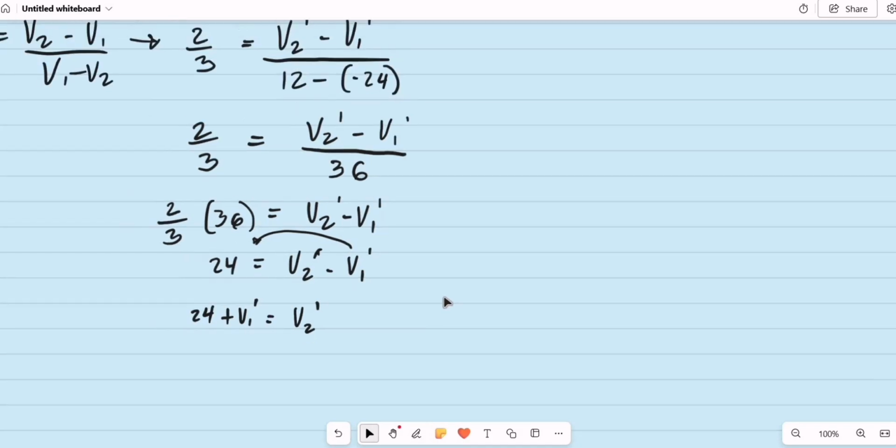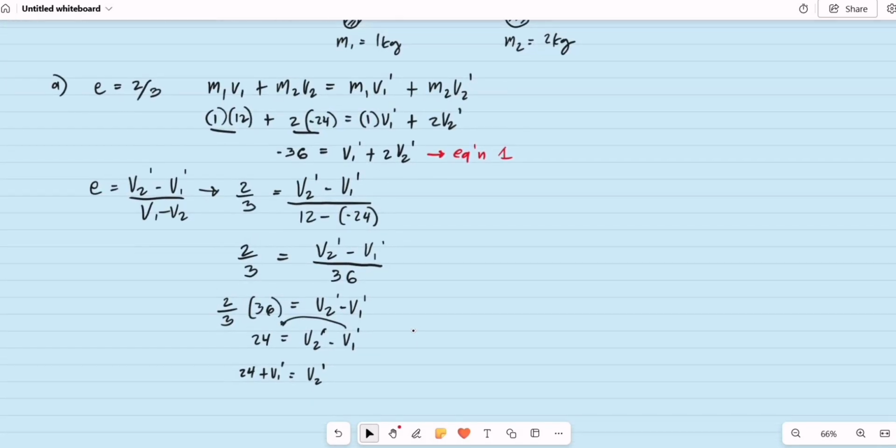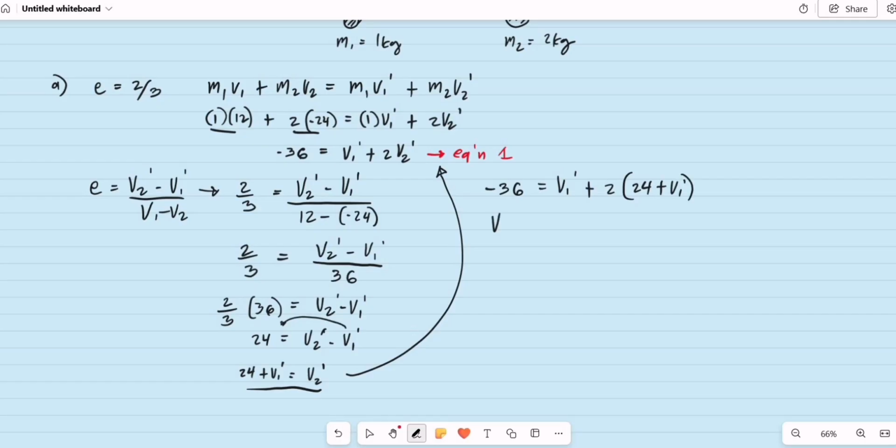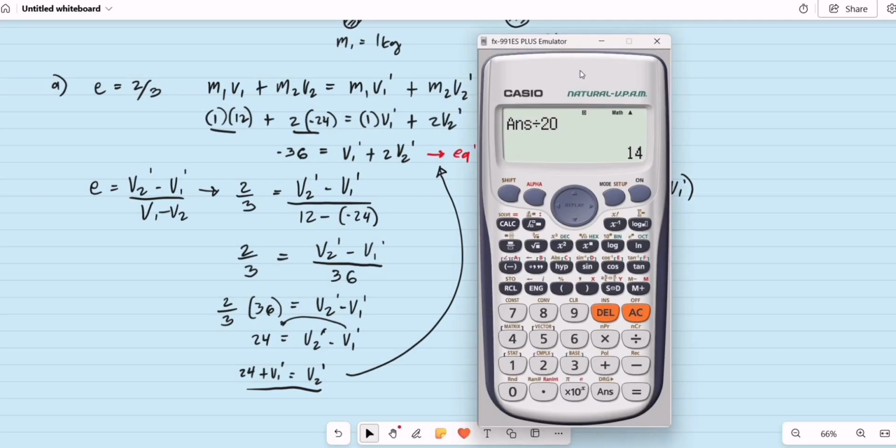Let us substitute the equivalent of v2 prime in our equation number 1. From equation number 1, negative 36 equals v1 prime plus 2 times, again, the equivalent of v2 prime, which is 24 plus v1 prime. The first thing to compute is the velocity of the first object after impact.